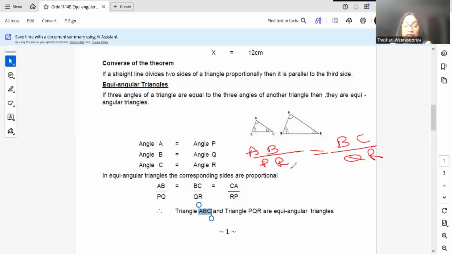When you divide AB over PR, the ratios are proportional. Sides are proportional. The ratio of these two is equal to the ratio of BC over QR. Then AC over PR. The ratios are proportional. That's a special feature of equiangular triangles. Now we'll go further.